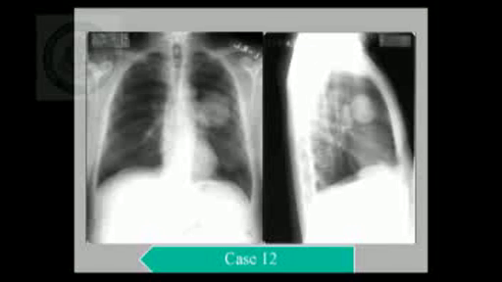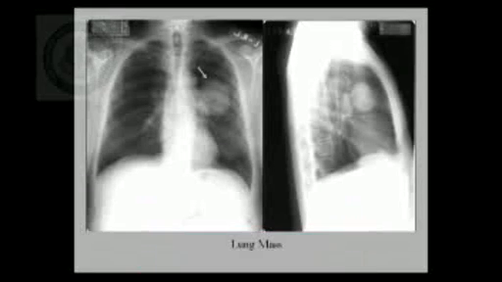These types of opacities are either carcinoids if there is calcification, or if there is an irregular border, you have to think in terms of central type of bronchogenic carcinoma. And again, a peripheral lung mass here, where you find a well lobulated margin with clear cut borders all around, is a benign tumor of the lung.